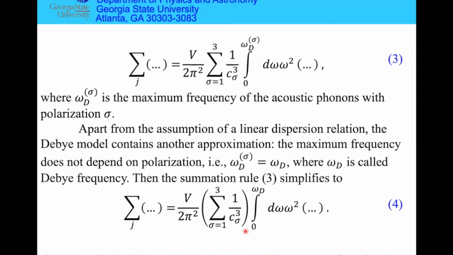It's just a number, with dimensionality of inverse cube of velocity. And I have an integral of omega to some limit omega D, and I will explain on the next slide why I need omega D, it cannot go to infinity, of the expression that I need to sum, that is now expressed in terms of the frequency omega.